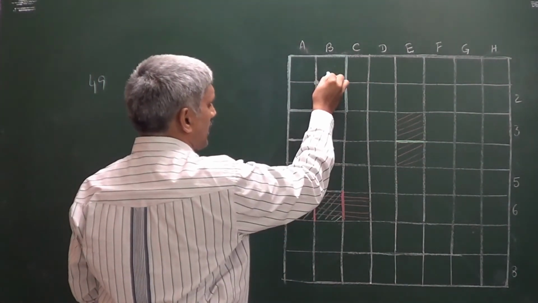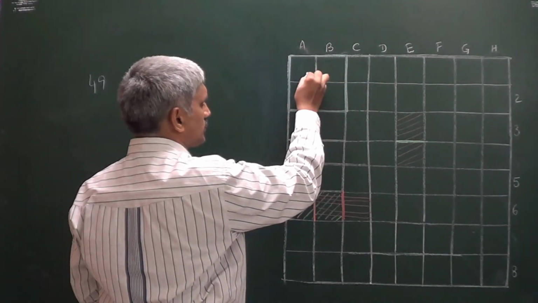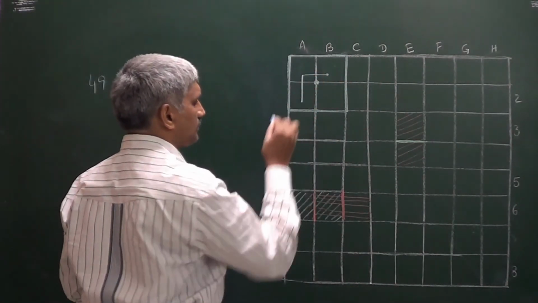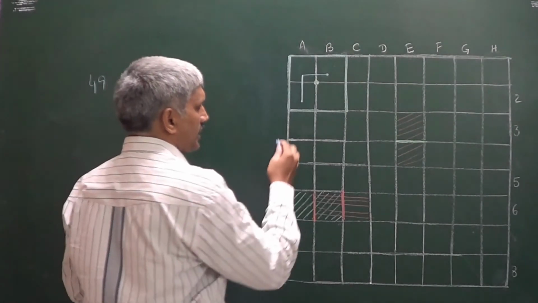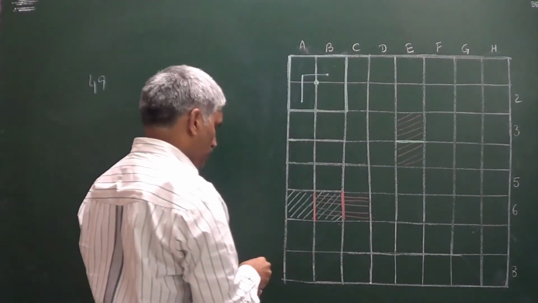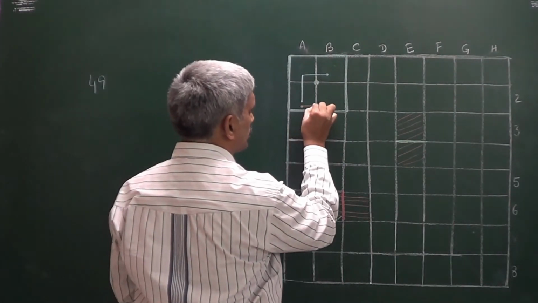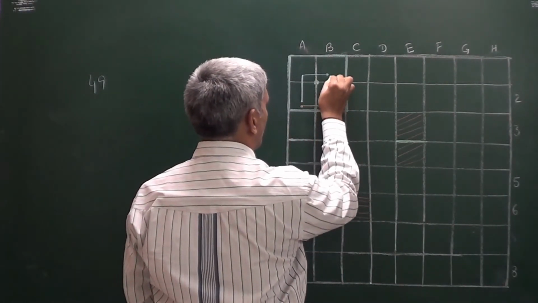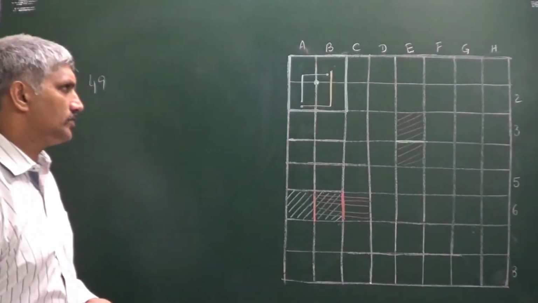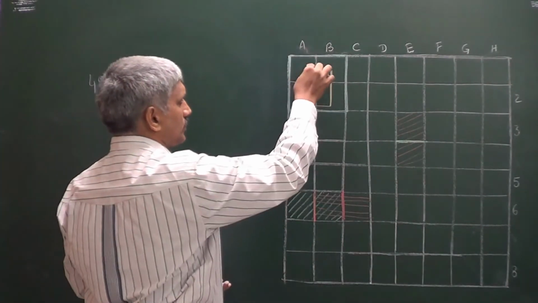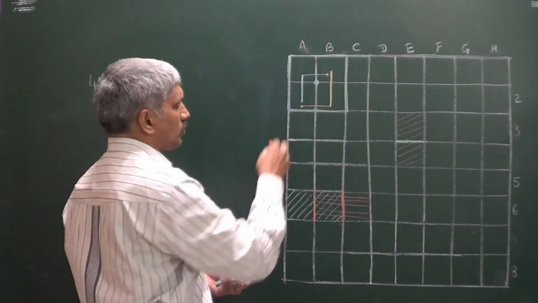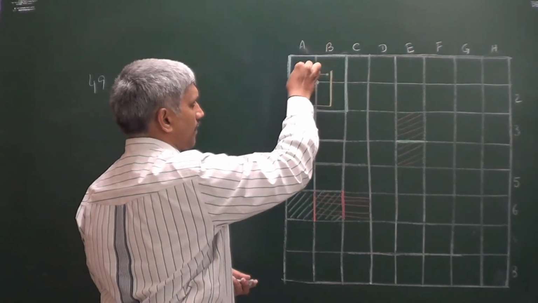Suppose observe here, I am selecting these 3 squares. Next I can select these 3 squares. This is another way. We can select these 3 squares also.